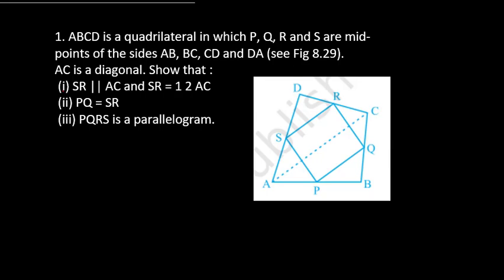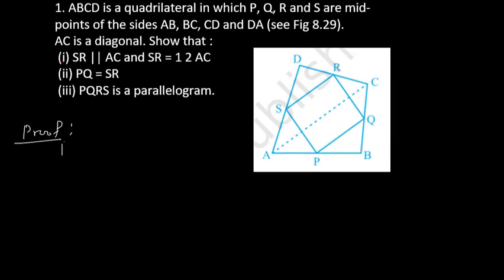We have to show that SR is parallel to AC and SR is half of AC. And then we have to show that PQ is equal to SR, and hence we have to show that PQRS is a parallelogram. So from the question, you can write given and to find, draw the diagram, and then we will start with the proof.